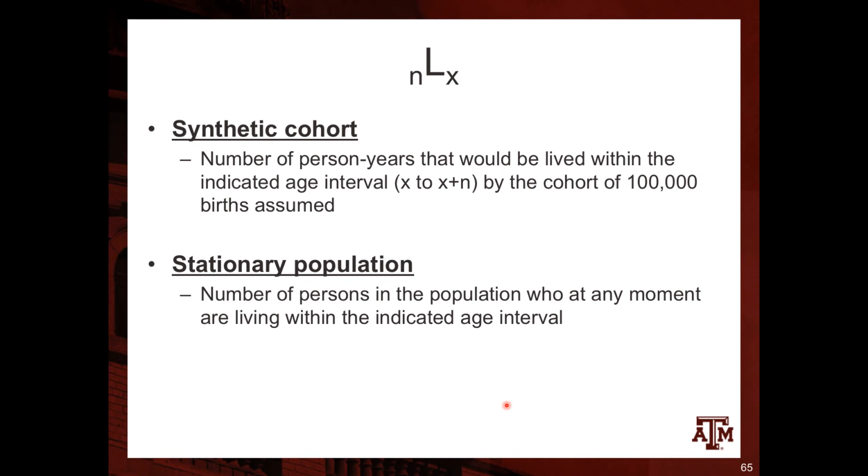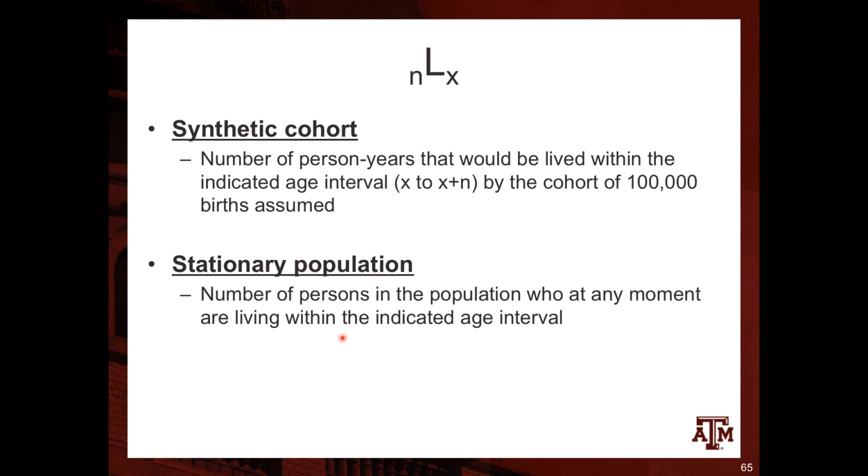So here, what is the big L x n that I talked to you about before using the synthetic cohort approach? It is the number of person-years that would be lived within the indicated age interval by the cohort of 100,000 births that we assume in the radix of the table. In the stationary population approach, the big L column is the number of persons in the population who at any moment are living within the indicated age interval.